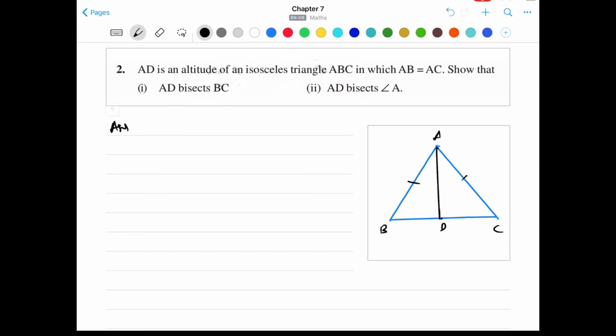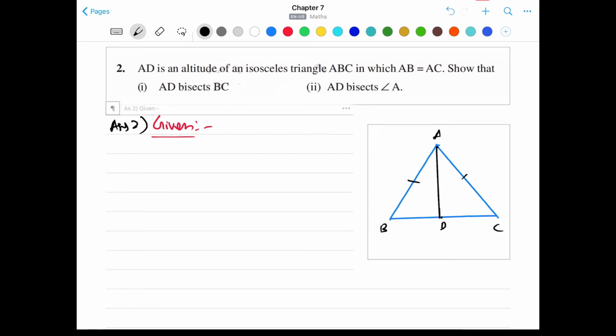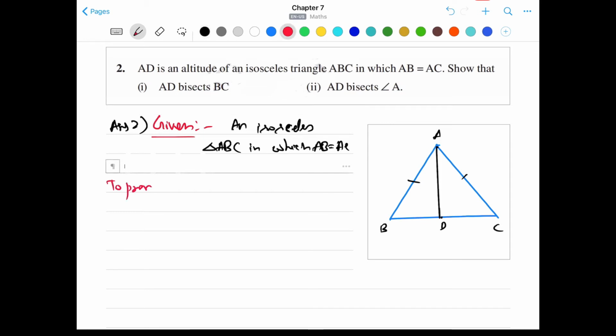So first write the answer to question number 2. In this, first mention the given portion. Given here is an isosceles triangle ABC in which AB equals AC, and we have to prove two things here.